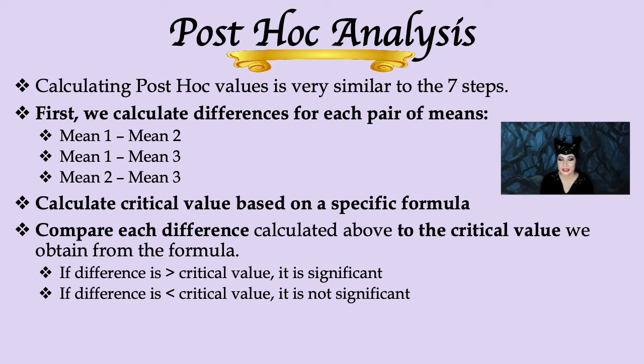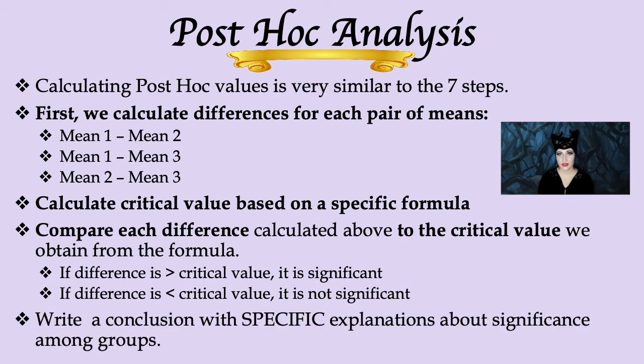But if the difference is smaller than the critical value, then the difference is not significant. Then we're going to follow that up with a more detailed conclusion statement with specific explanations about which groups were significantly different and which groups were not significantly different from each other.